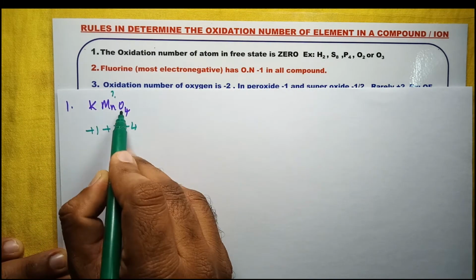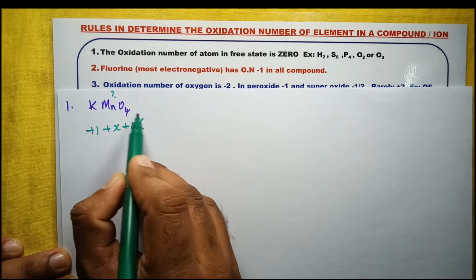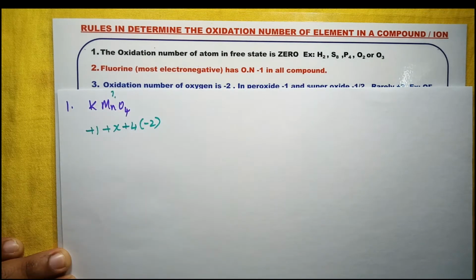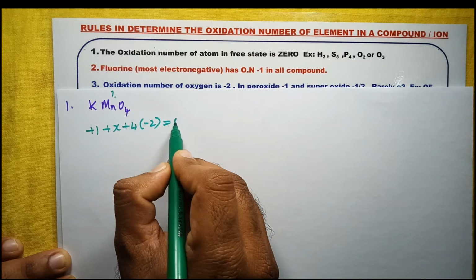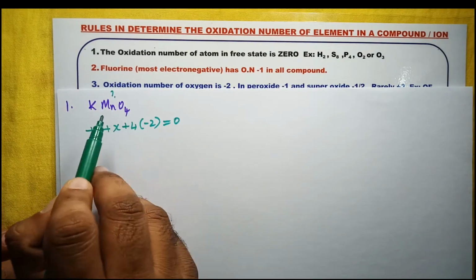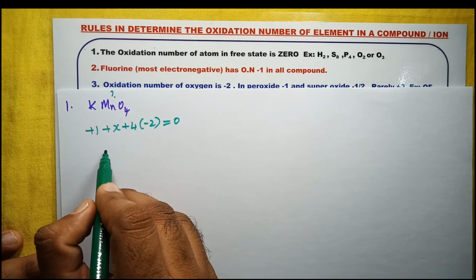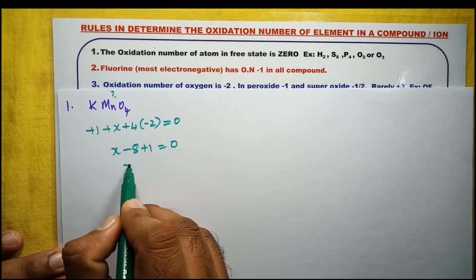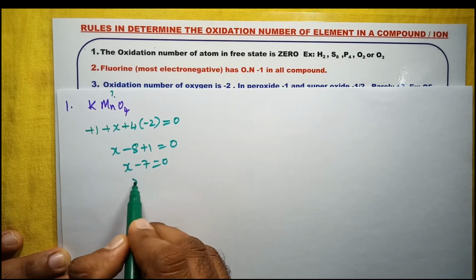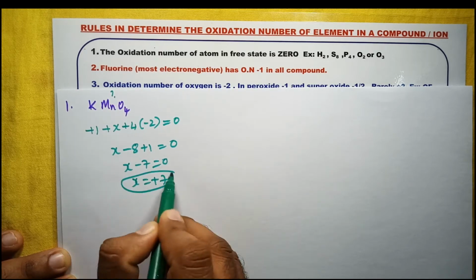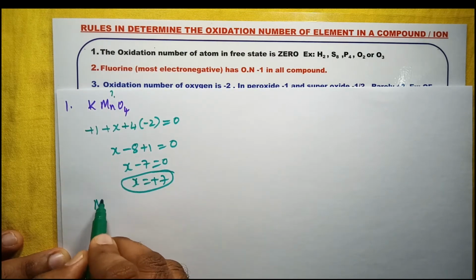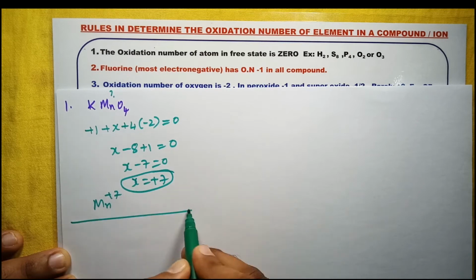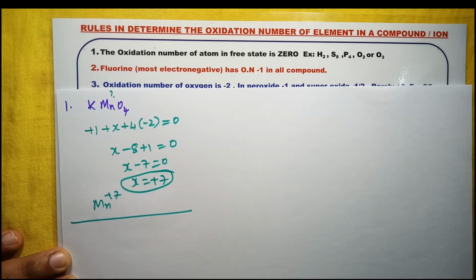Plus 4, how many oxygen atoms are there? 4 into the oxidation state of oxygen, -2. I am equating to 0 because this is a neutral molecule. By calculating this, X minus 8 plus 1 equals 0, X minus 7 equals 0, X is equal to +7. So manganese exists as +7 oxidation state in potassium permanganate.